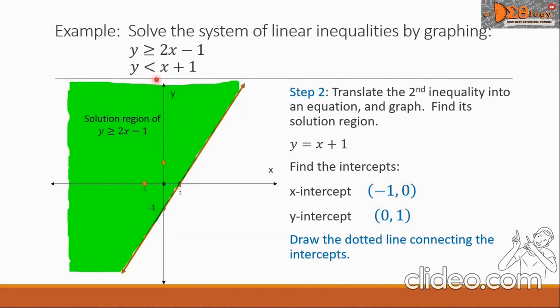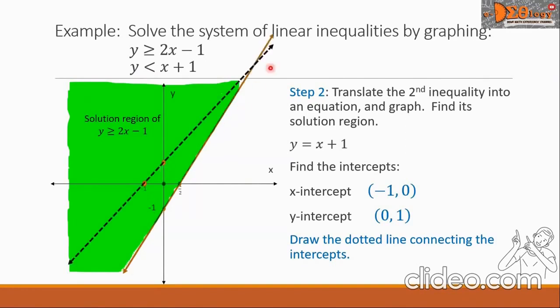So now, let us plot the intercepts, and it is here. The x-intercept is (-1, 0), the point is here, and the y-intercept is (0, 1), and the point is here. Now, let us connect these 2 points by a dotted line.